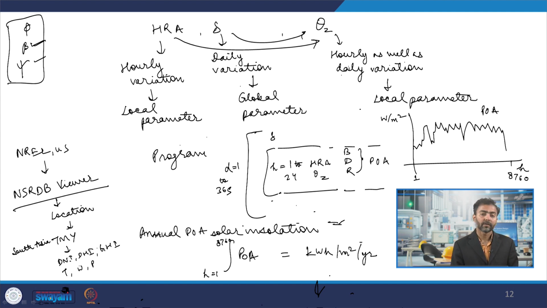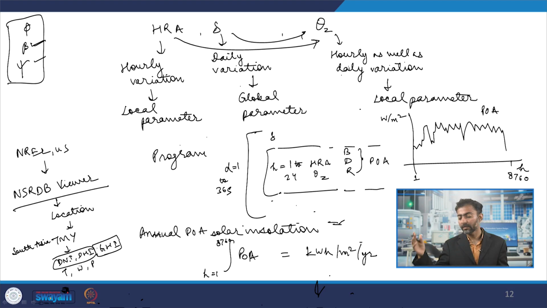You can select those different variables, download the file, and try with just DNI, DHI first, and then you can cross check your results with the actual GHI which is in the data set. And then you can find out what is the radiation fluctuation over the year at your place, and also what is the annual solar insolation at your location of interest.